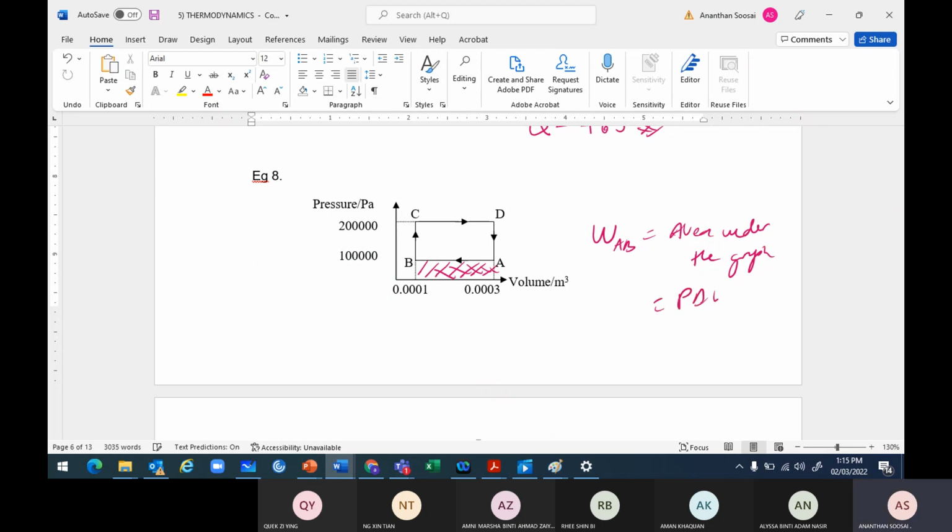So the area under the graph is what? P changes the volume, right? So what is the pressure? Pressure is 100,000. Volume change how much? So 100,000 multiplied by the volume change, 0.0002.